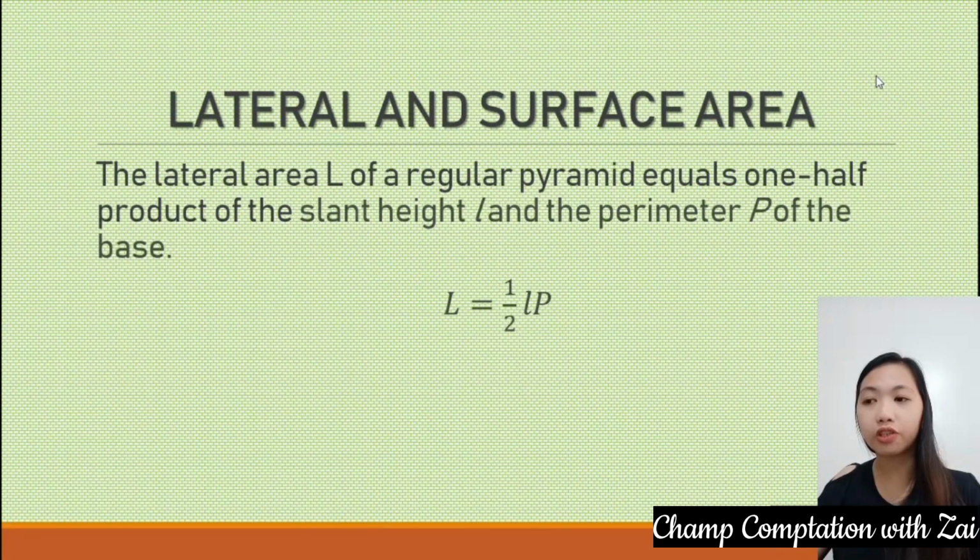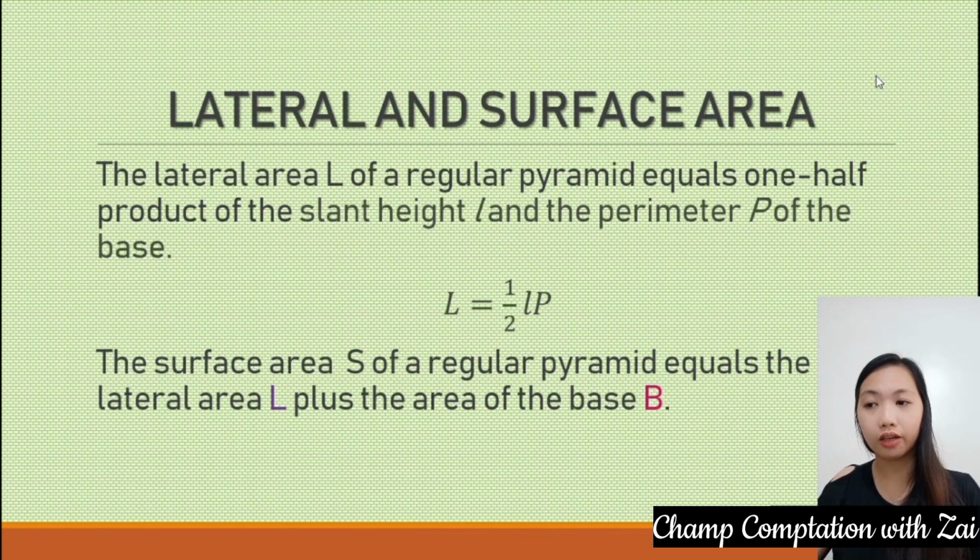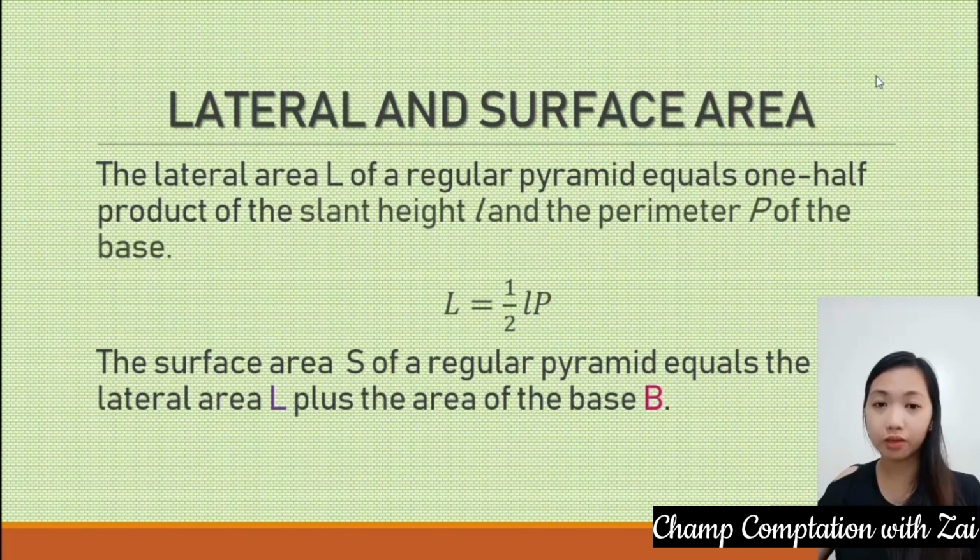And of course, the surface area or the total area of a regular pyramid equals the lateral area plus the area of the base. Same principle as with the prism, the area of the base depends on what kind of polygon the base possesses.